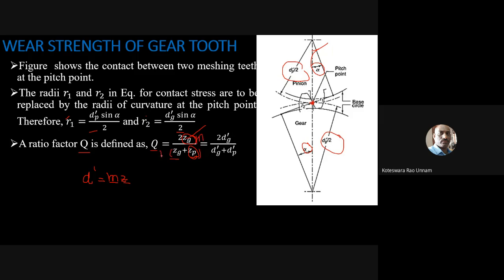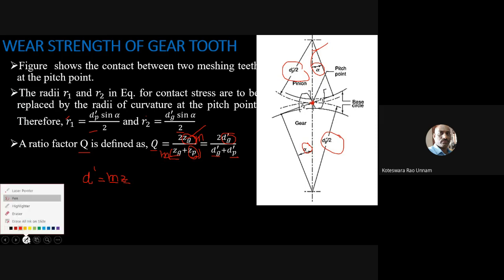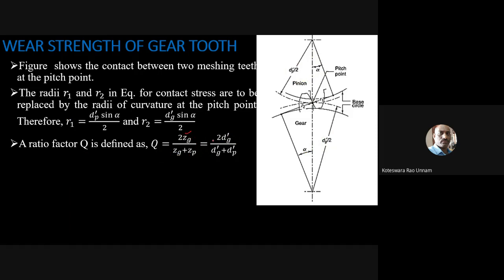Then I get 2 into m into zg, which is nothing but dg, the pitch circle diameter of the gear. m into zg is the pitch circle diameter of the gear, and m into zp is the pitch circle diameter of the pinion. So these two equations are the same. One equation is in terms of the number of gear teeth, and the other is in terms of pitch circle diameter, but both are the same.